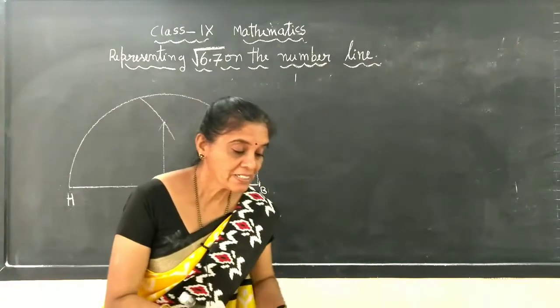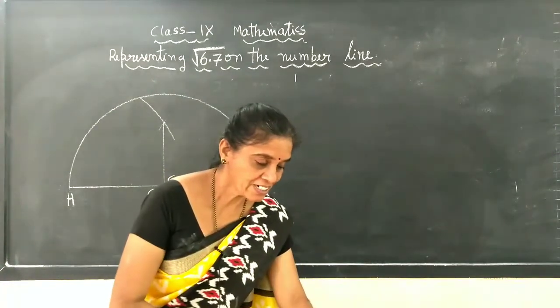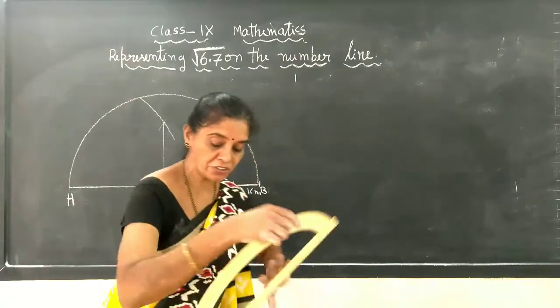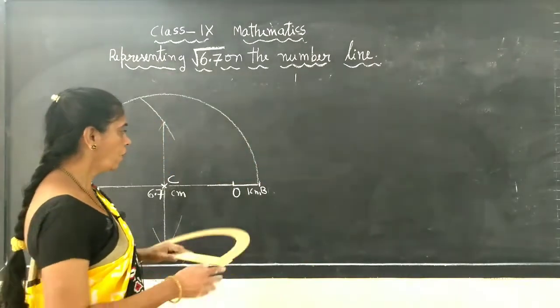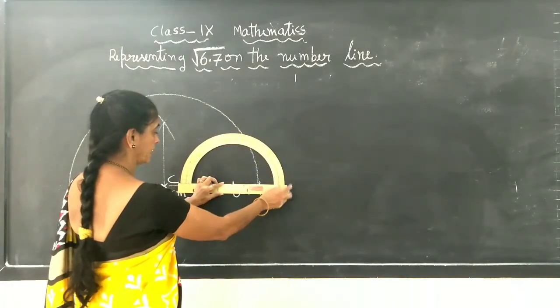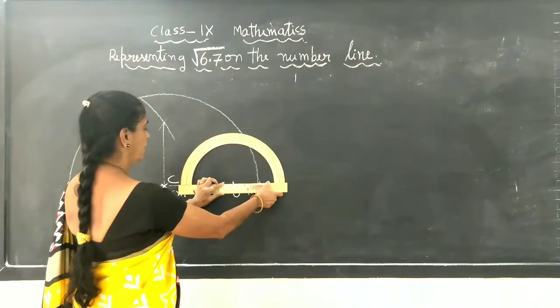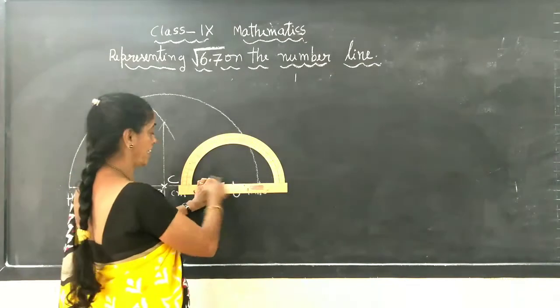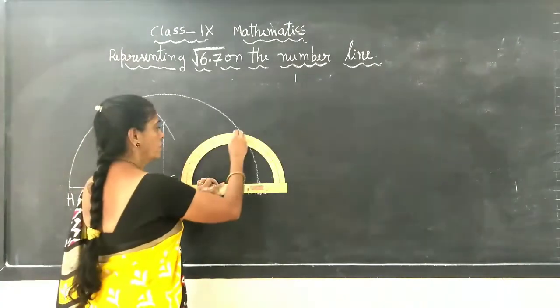After completing this semicircle, what is the next step? The next step is to draw one perpendicular line at point O. At point O, now use the protractor. At O, draw a perpendicular line to this AB.